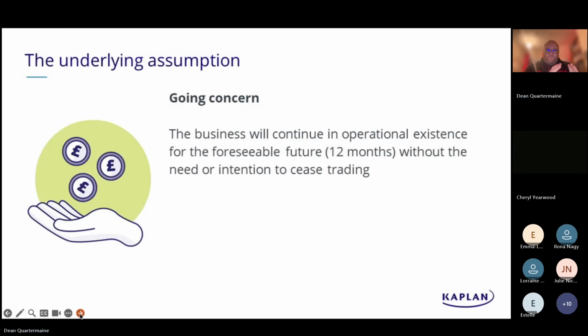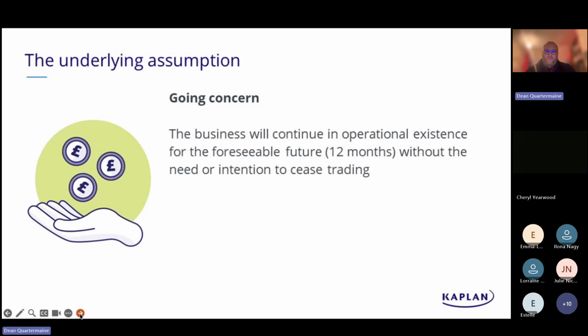Yeah. Now, one thing that's really important is the underlying assumption when we prepare a set of financial statements here in the UK. The underlying assumption behind all financial statements is that the business will continue in operational existence for the foreseeable future. So at least the next 12 months. Yeah, without either the need or the intention to cease trading.